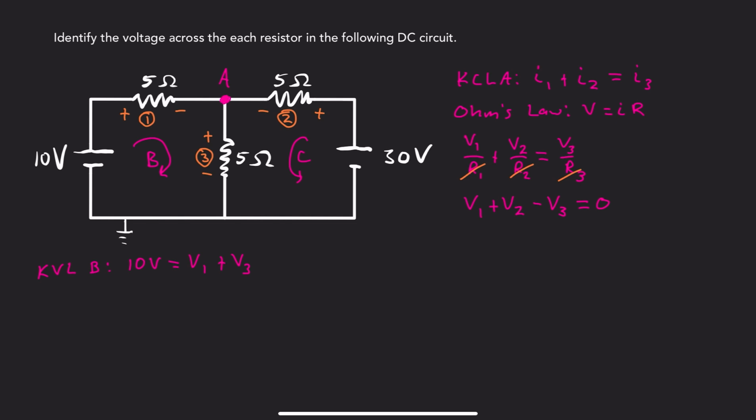Similarly, for KVL-C, we have a rise of 30, a drop of V2, and a drop of V3. So I'll write KVL-C, 30 volts equals V2 plus V3.